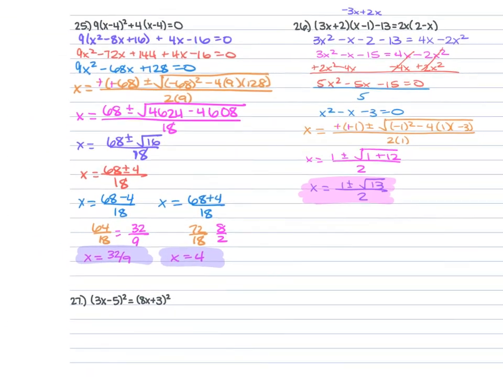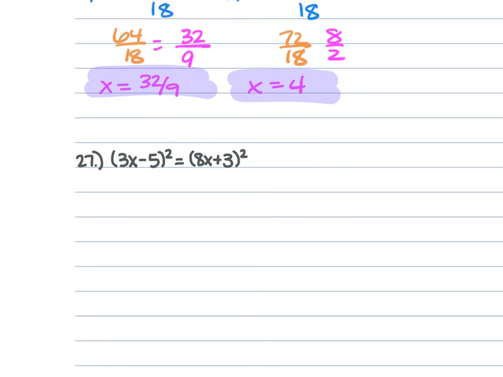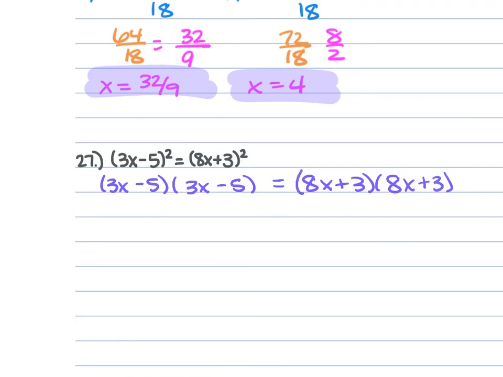For our last one, number 27, we have 3x minus 5 squared is equal to 8x plus 3 squared. So I'm going to FOIL both of these. Again, it's 3x minus 5 times 3x minus 5 is equal to 8x plus 3 times 8x plus 3. So again, I'm FOILing. 3x times 3x is 9x squared.